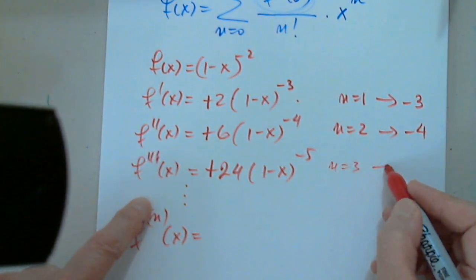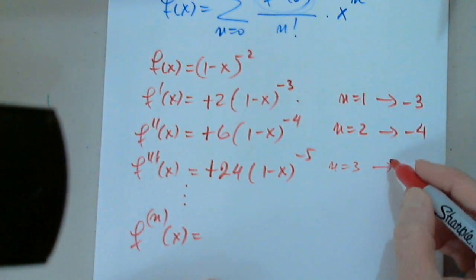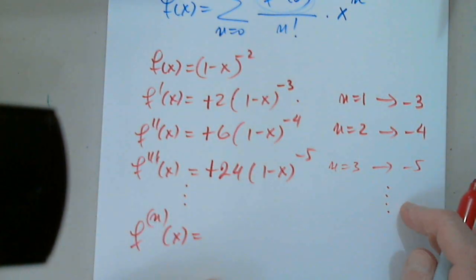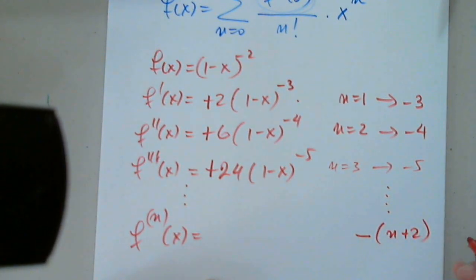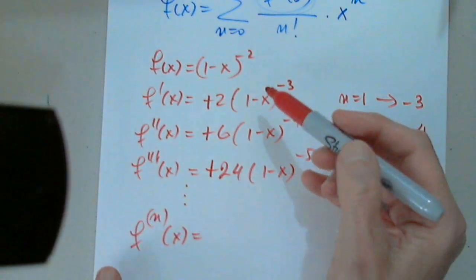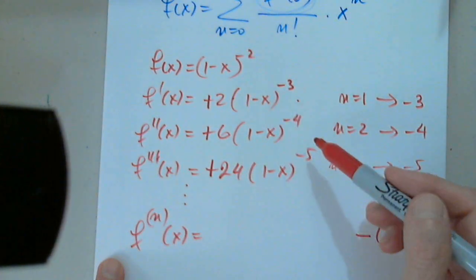When n equals 3, the power is negative 5. So obviously I see the pattern here. We are looking at negative (n plus 2). When n is 1, 1 plus 2 is 3, negative 3. When n is 2, 2 plus 2 is 4, negative 4. When n is 3, and so on and so forth. So this is clear now, which is the power of 1 minus x.